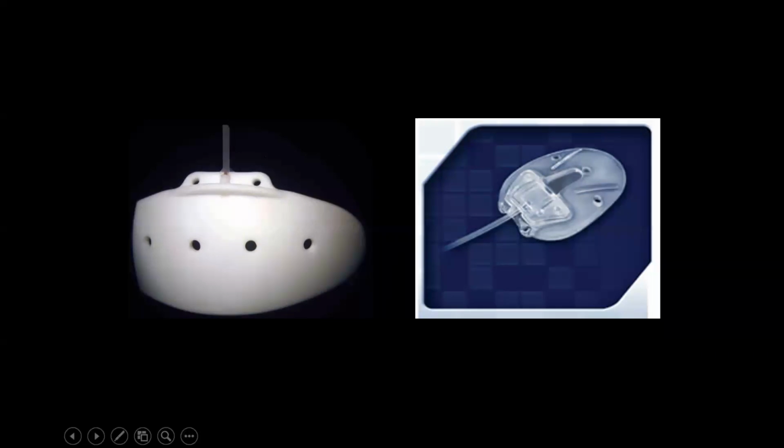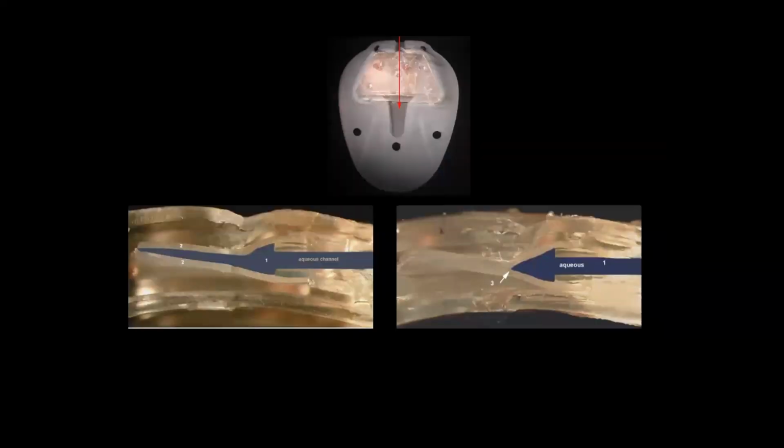What makes the Baerveldt implant gain popularity is that it has a large surface area, so the encapsulation will be less. However, with the Ahmed implant, since they moved to a silicone-made plate, it became more biocompatible and the encapsulation became much less.